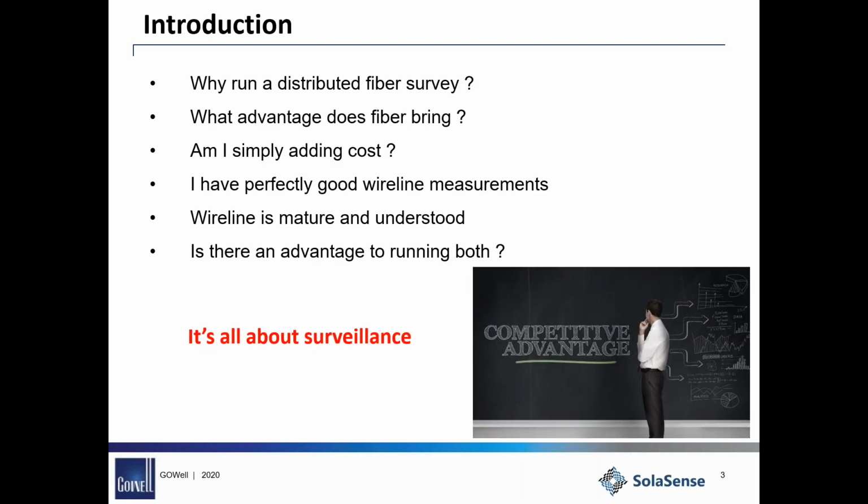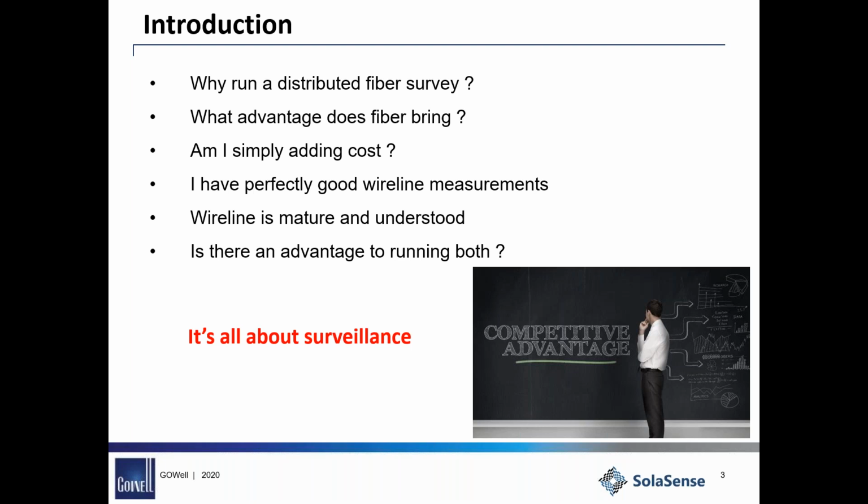To get into the meat, what we want to do is to run through distributed fiber surveys. Why do we need to run a distributed fiber survey? What advantages does fiber bring to the table? Am I simply just adding cost? People see many forms of surveillance as just simply adding cost, and if they can get away without doing it, then they won't.